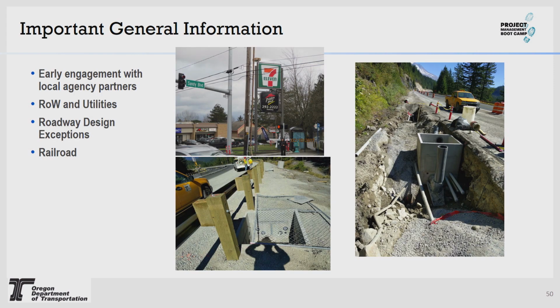I would like to add a couple of stories here. One is this utility vault here. We were working on a Mount Hood Highway project, and PGE wanted a special type of vault here, an additional conduit, and they did not get it.